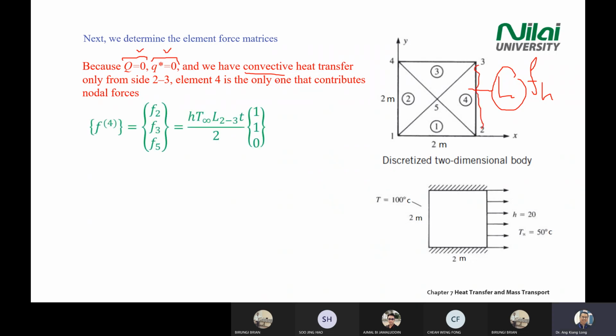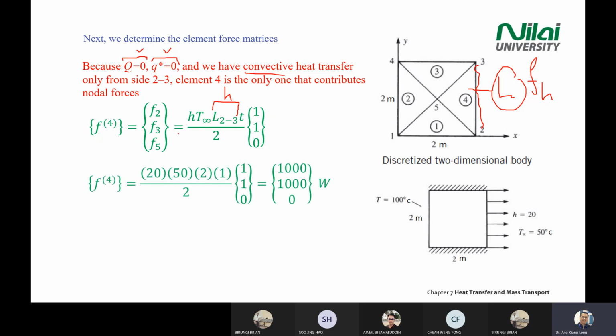What is the equation for FH? Given by H T infinity L T divided by 2, and we're looking at the site that contribute to the convection. H in this case is the side of 2, 3, so you get the length of 2, 3 and 1, 1, 0.